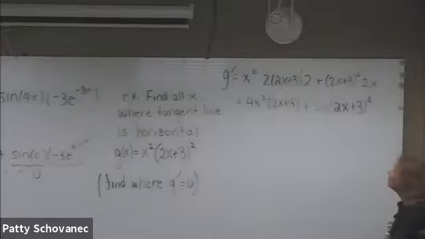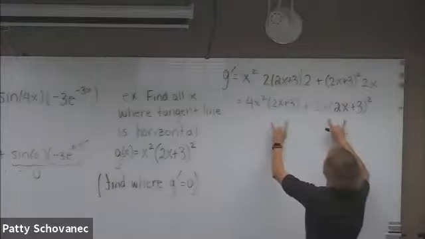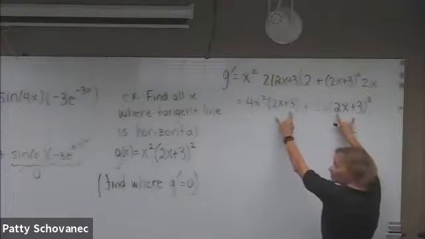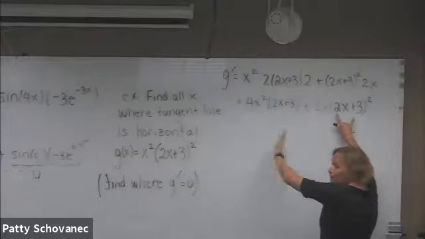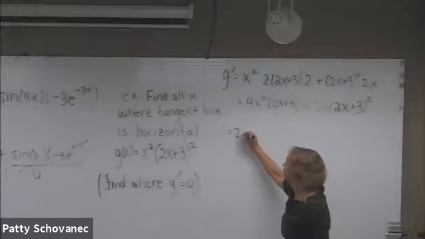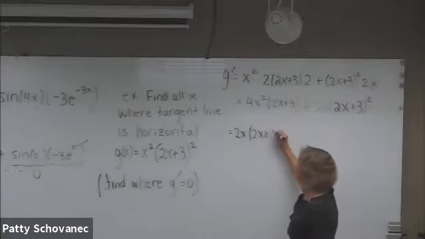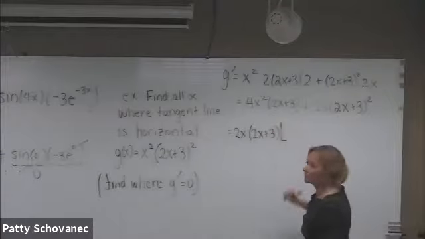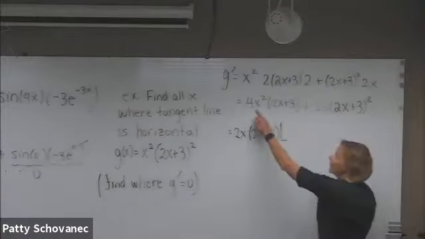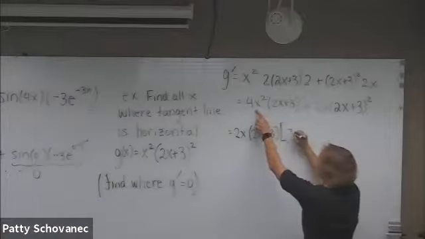If I look here, I've got a common factor of 2x. And if I look here, I've got a common factor of 2x plus 3. So I'm going to pull out 2x times 2x plus 3. So when I pull out a 2x from this, I'm left with another 2x right there.